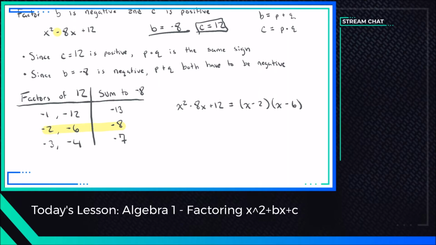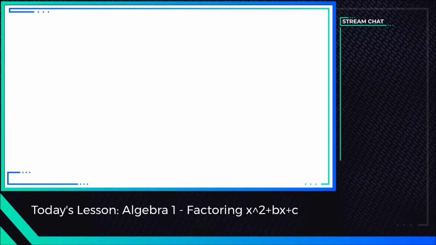All right, and why don't we do another example of that real quick? So let's go ahead and factor something like w squared minus 4w plus 3. You're going to identify this negative right here, so you're going to be working with all negative numbers.